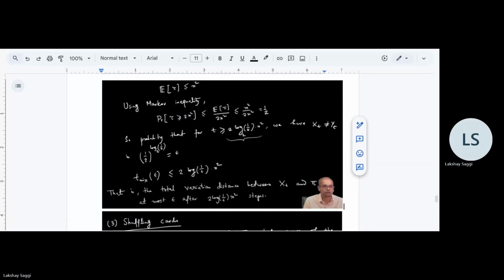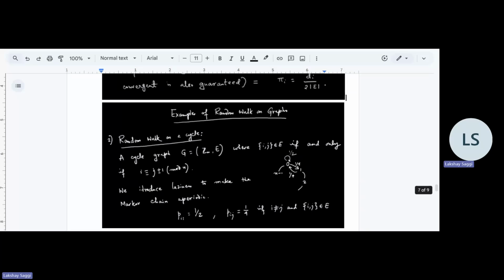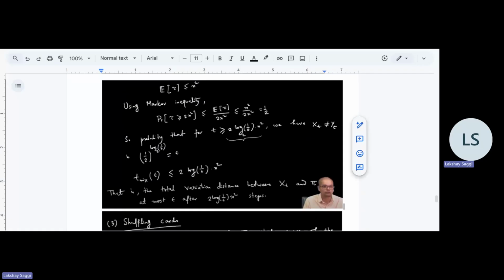Now if we do a random walk on this kind of a thing, let's see how the distribution evolves over time. It was discussed in the lectures, and you can see the proof there. I won't be getting into the proof, but the mixing time for such a Markov chain is less than or equal to n square times some function of log of 1 over epsilon.